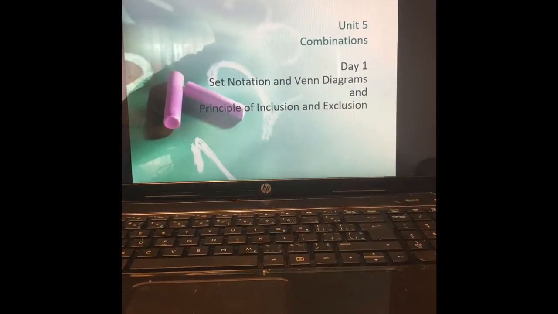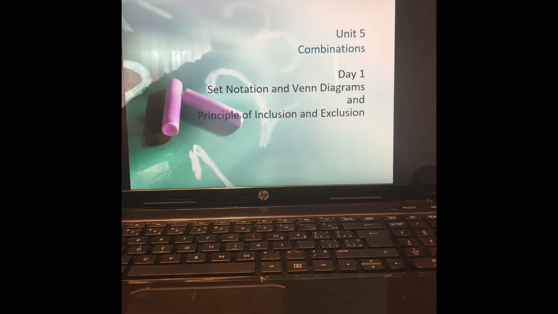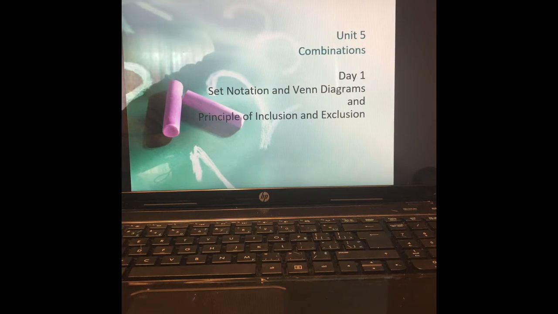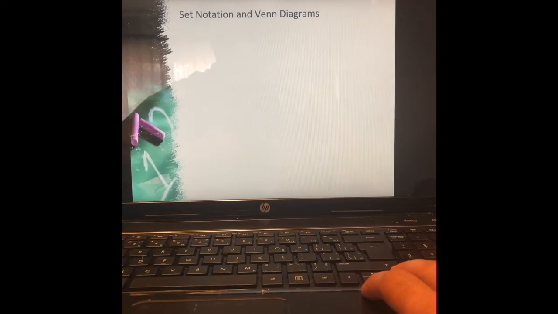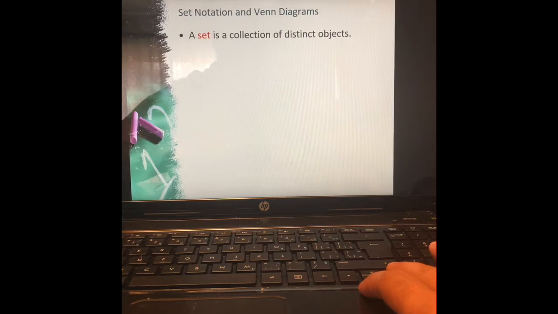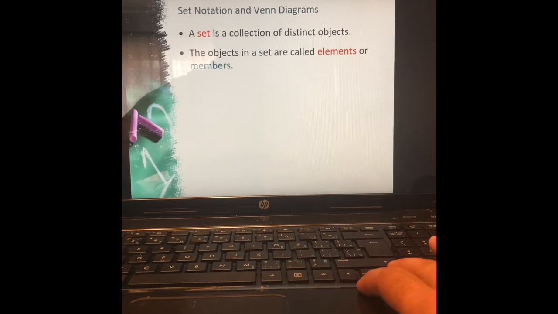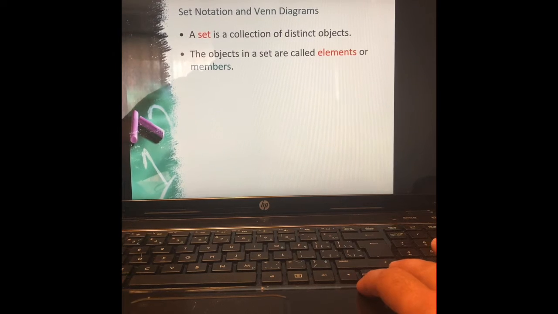So here we go. Unit 5, combinations, day 1: set notation, Venn diagrams, and the idea of inclusion and exclusion. A set is a collection of distinct objects. The objects themselves are called elements or members.